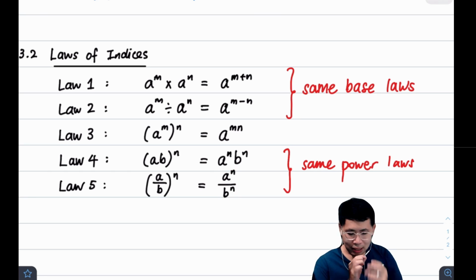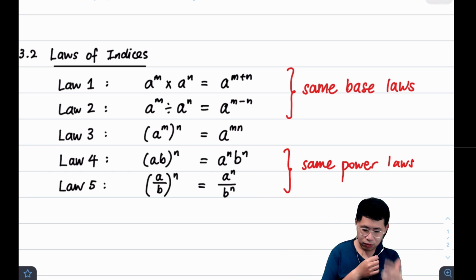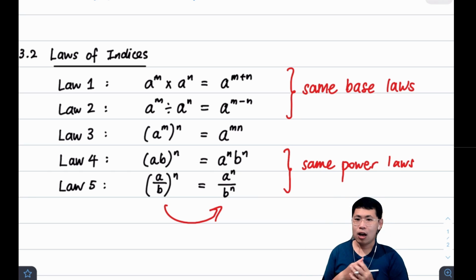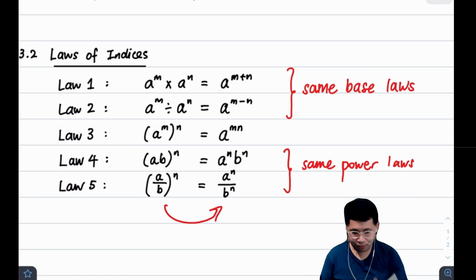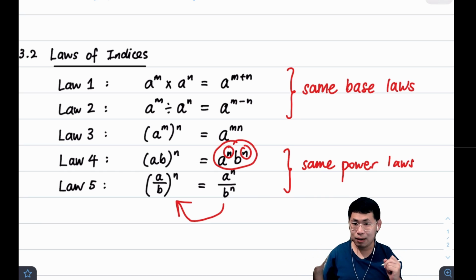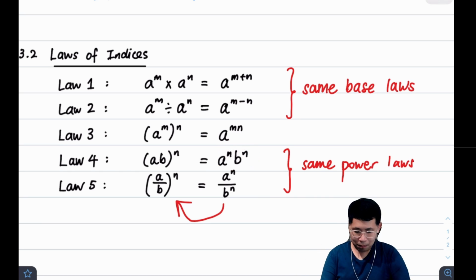Now this is one way of seeing this, from the left to the right. What we can also do is look at it from the right to the left. We can look at it the other way around, where if the powers are the same, you can combine the bases together, multiply the bases together.